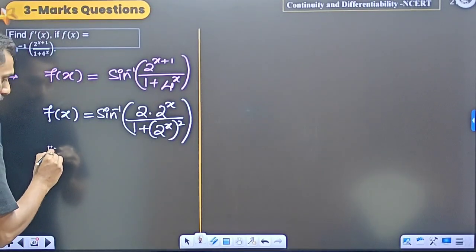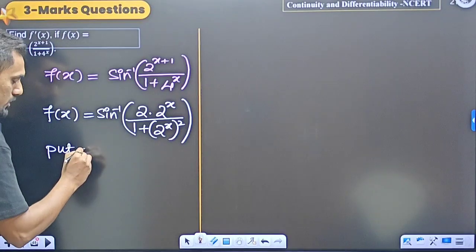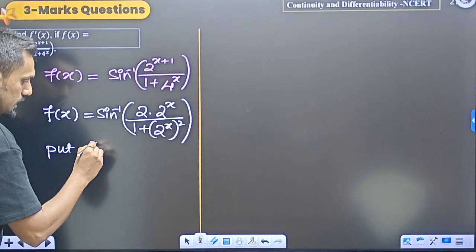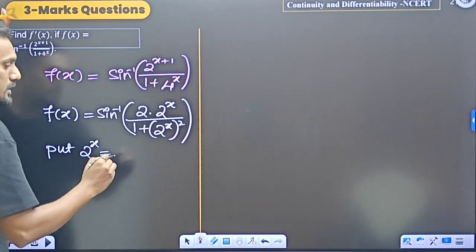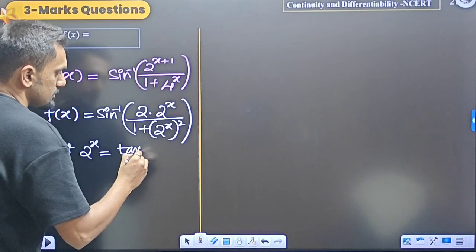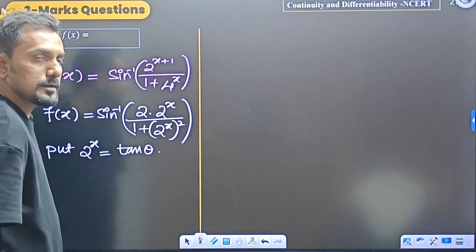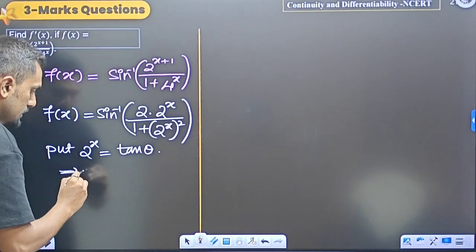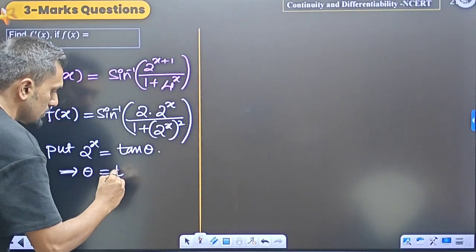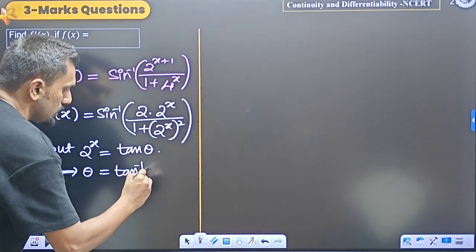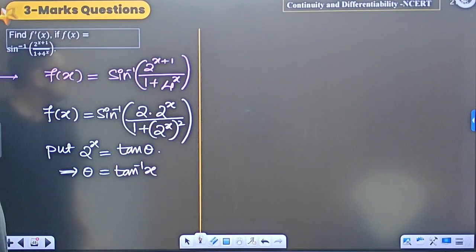So put 2 raised to x is equal to tan theta. That implies theta is equal to tan inverse of x. Right?